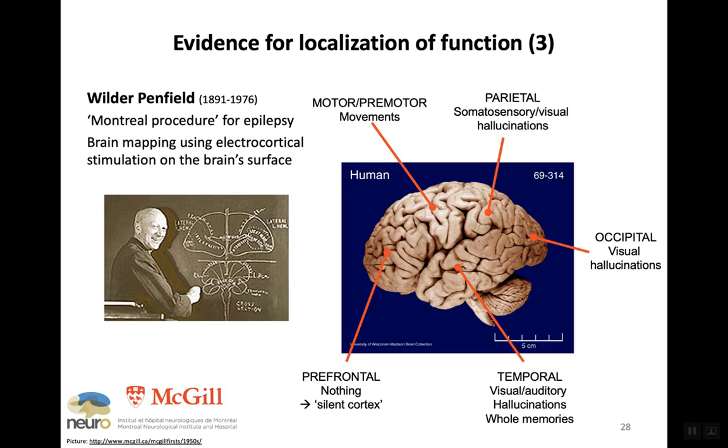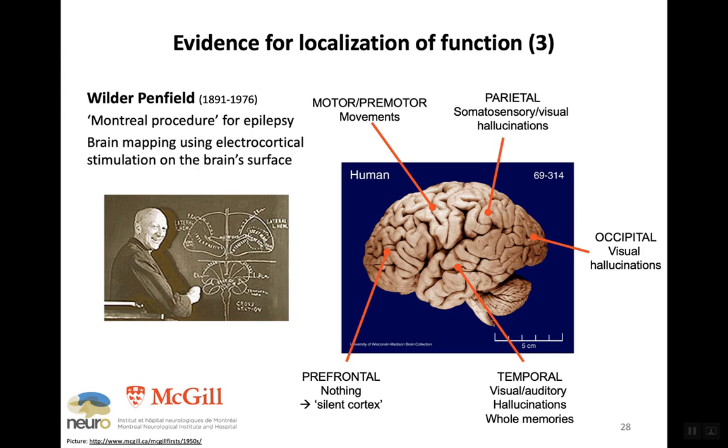And upon doing so, he managed to describe very different reactions depending on the site of the stimulation. If the stimulation occurs, let's say, within the occipital cortex, then that might lead to visual hallucinations. If it occurs within the temporal cortex, you might be able to, let's say, unlock a new memory, and so on and so forth.